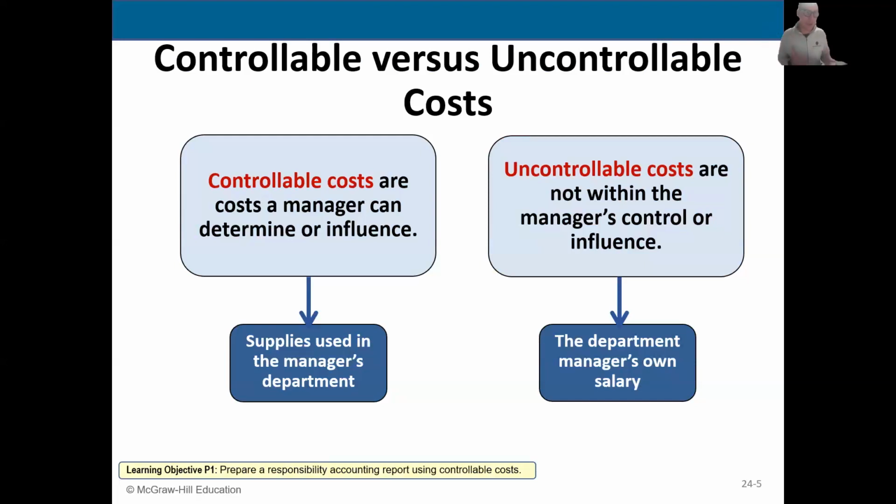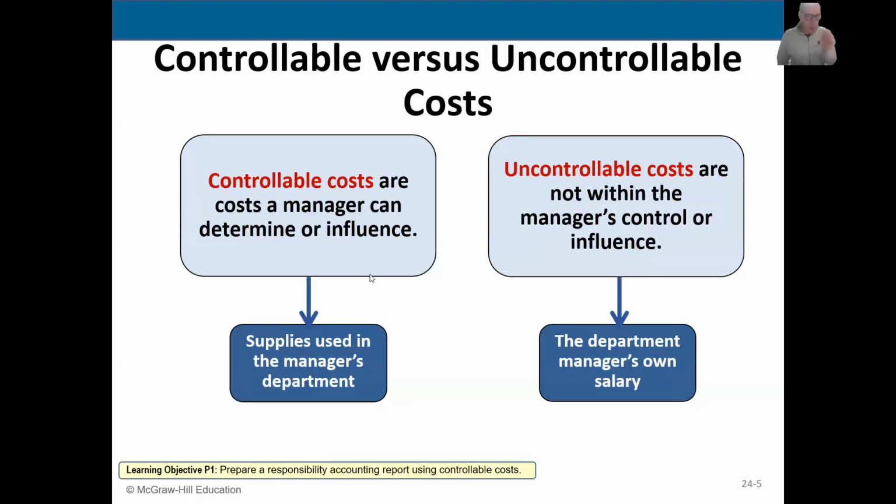These expenses are outside of the department manager's responsibility. The department manager of the jewelry department cannot control those things. So those are what we call uncontrollable costs.